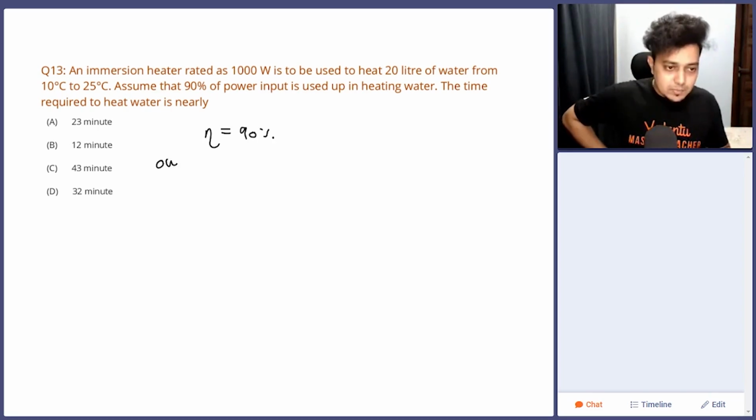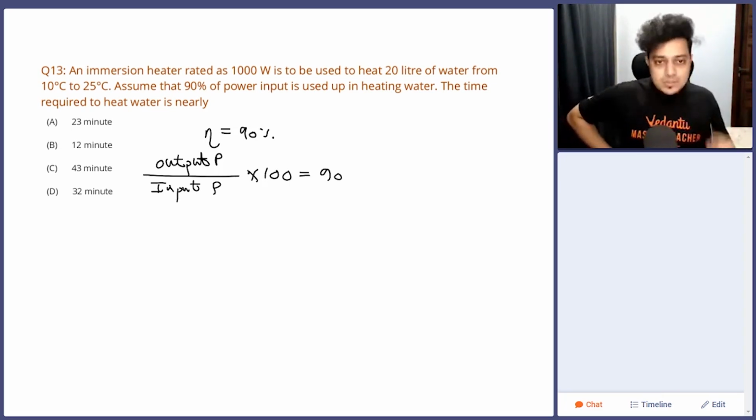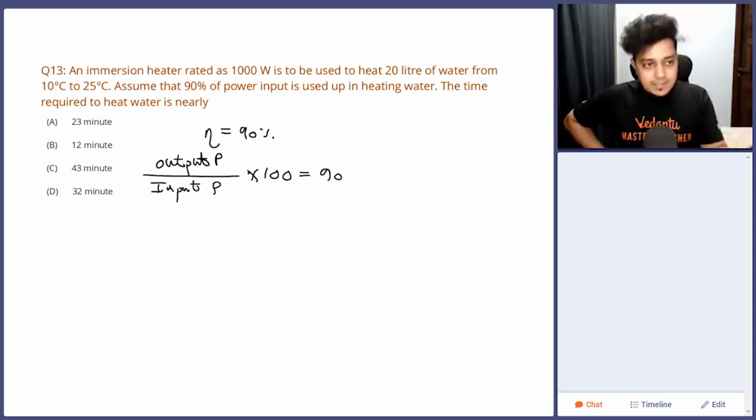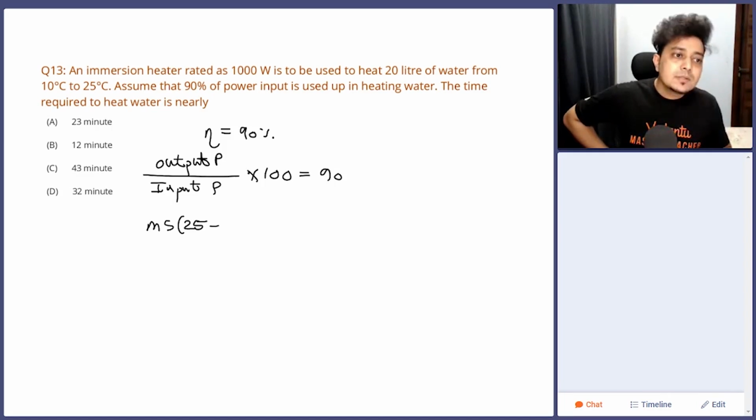Correct? Efficiency is what? Output power upon input power into 100, and that is given as 90%. So what is output here? Output here is water heating from 10 degrees to 25 degrees. So that will be mass of the water, specific heat of water, into change in temperature, which will be 25 minus 10.